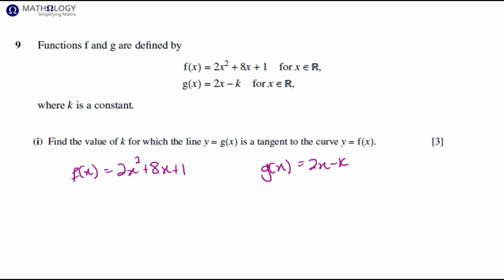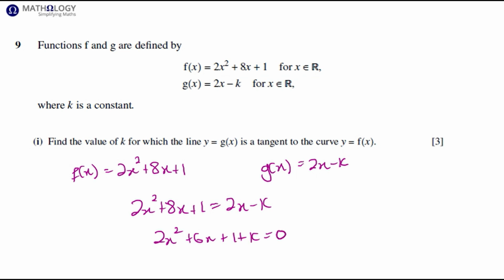for the two functions. So when we equate f of x to g of x, we will establish an expression from which we can determine the discriminant, and the discriminant will have to be equal to 0, because that's what gives us equal roots. So 2x squared plus 8x plus 1 equals 2x minus k. 2x squared plus 6x plus 1 plus k equals 0.